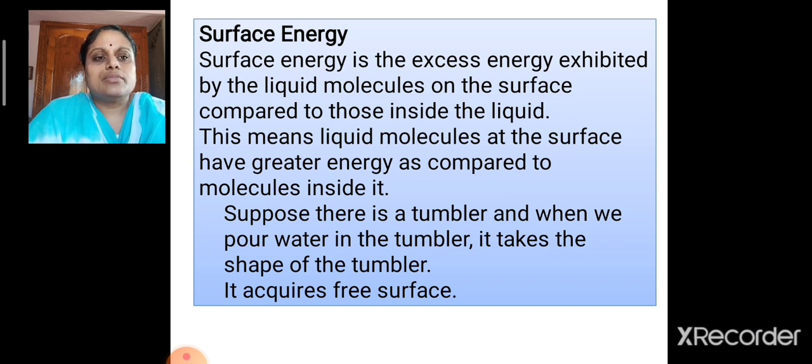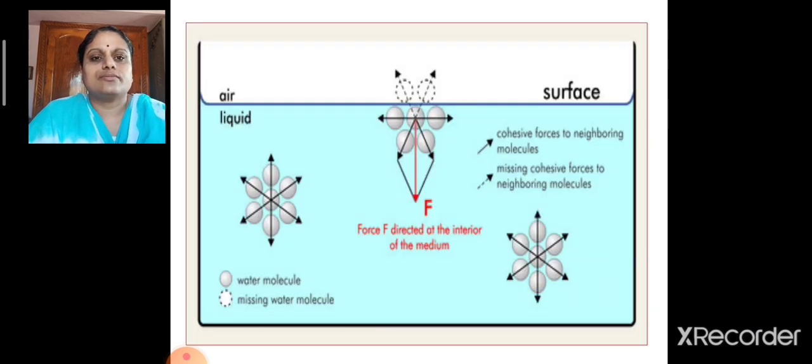Suppose there is a tumbler, and when we pour water into the tumbler, it takes the shape of the tumbler and acquires a free surface. In this picture, you can see a water molecule which is well inside the liquid.